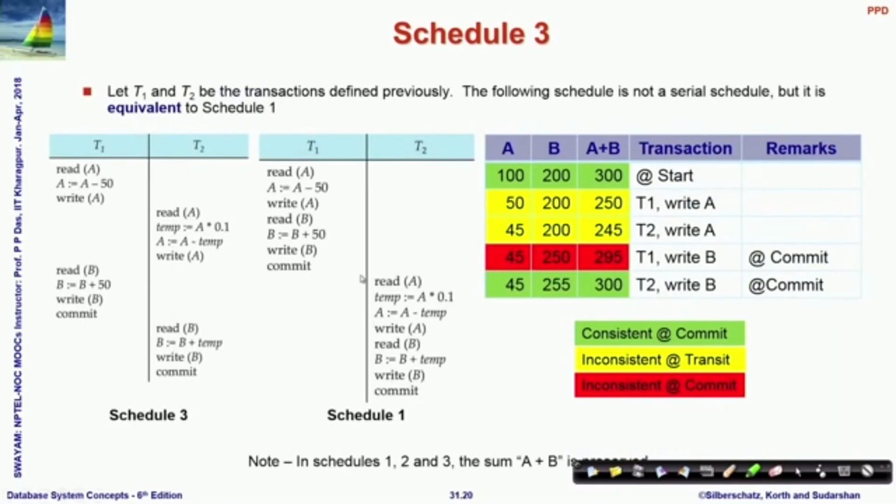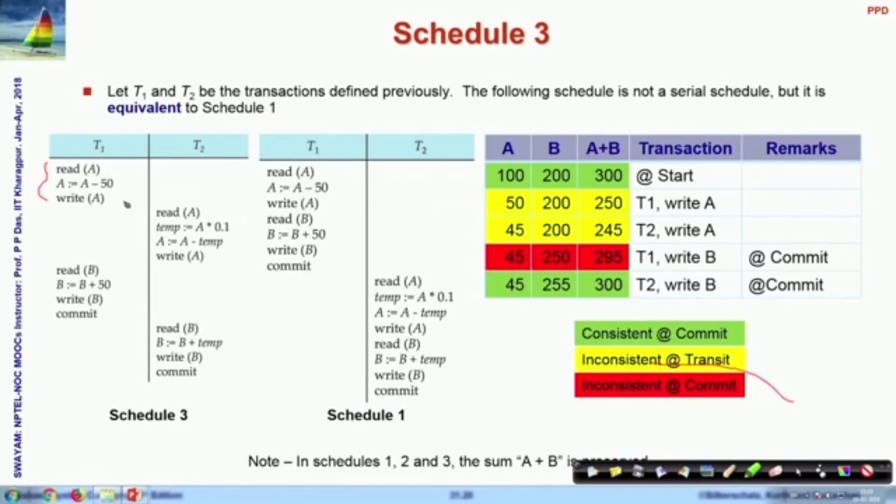Now, take an interesting example, schedule 3, wherein if you look carefully, there are a few instructions of T1 which are executed, and then in the temporal order a few instructions of T2 are executed, then again T1, then again T2. So, the instructions from two different transactions are getting interleaved, and this is what the execution status would be.